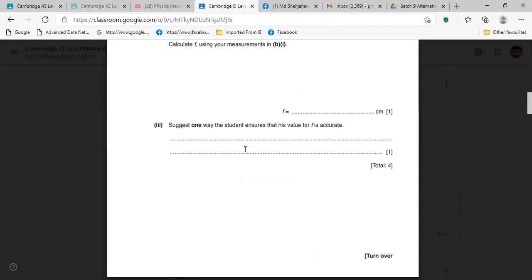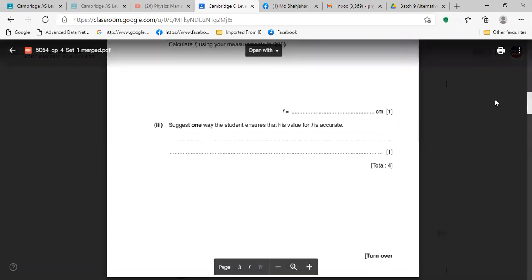So how will you get this one accurate? He repeats the experiment and takes an average. Yes. Take several readings and get the average. Several readings of u, v, and then take the average. Does it need to mention the measurements? No, just mention that take several readings and take the average.